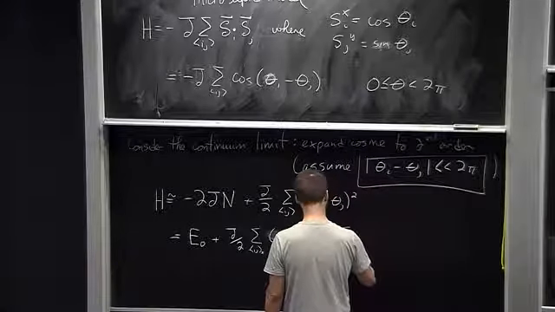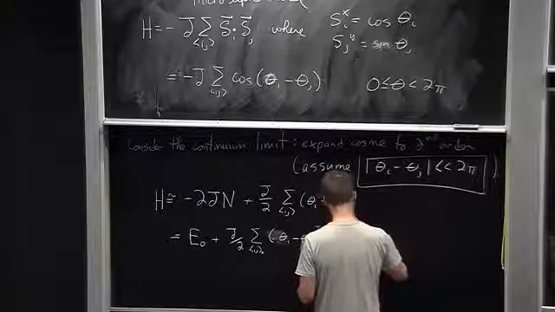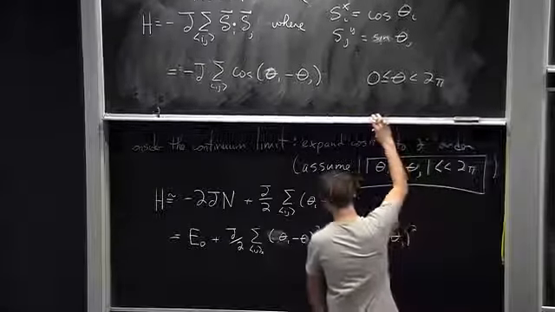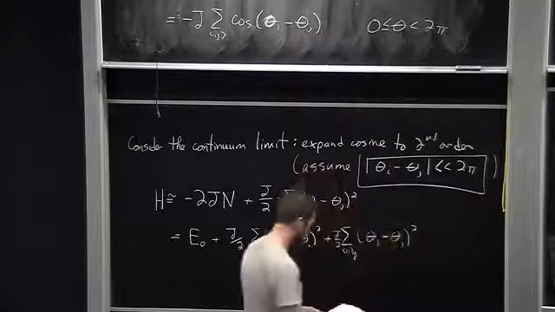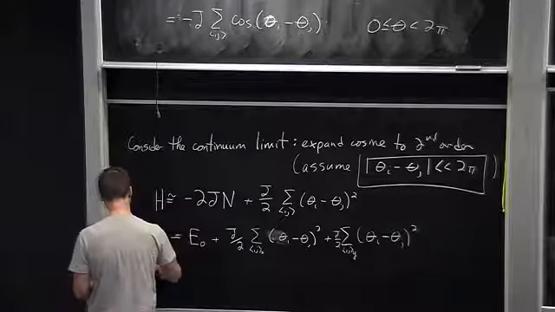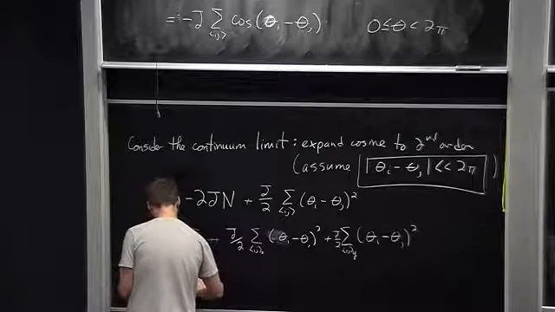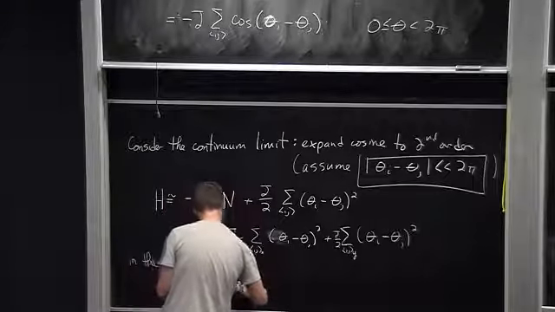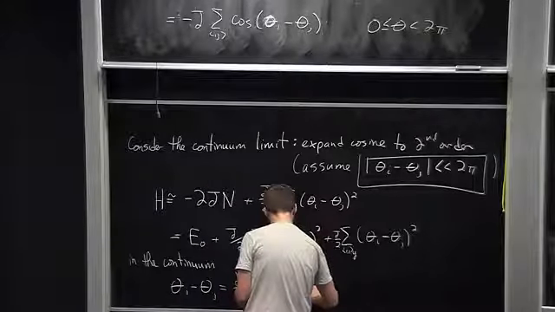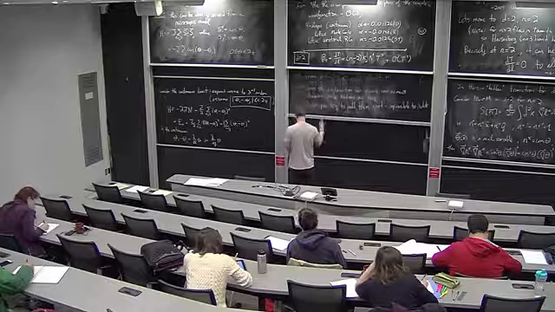So just keep in mind there's 2 bond directions in 2D. And then in the continuum, the difference is just like the lattice derivative. And so we can replace the sum with an integral and get the action back.